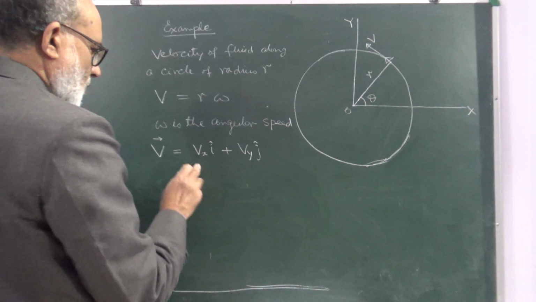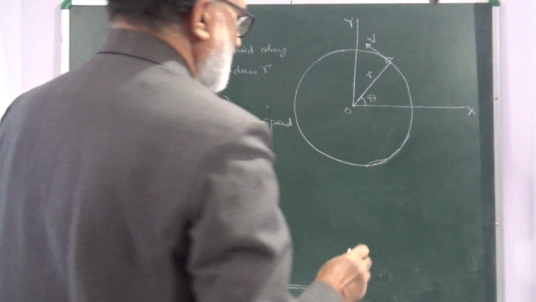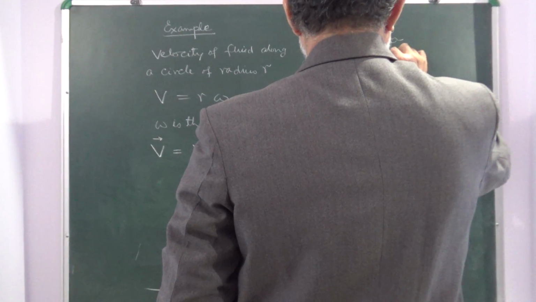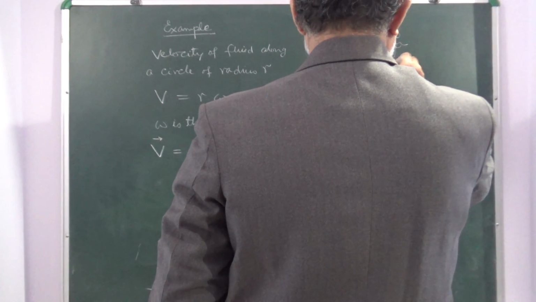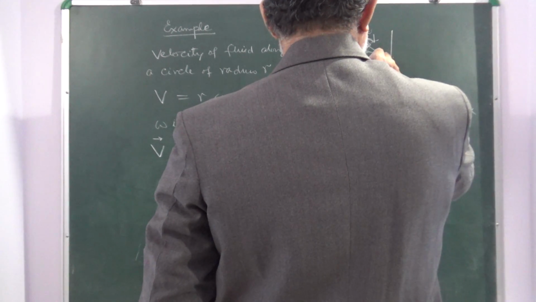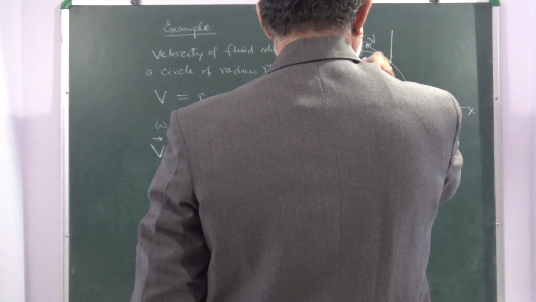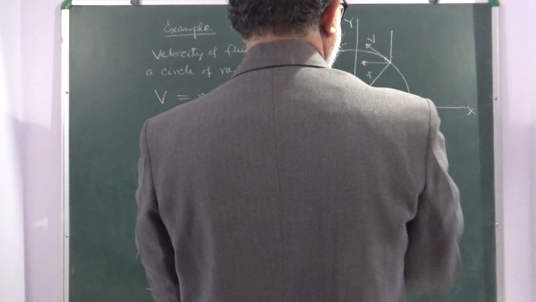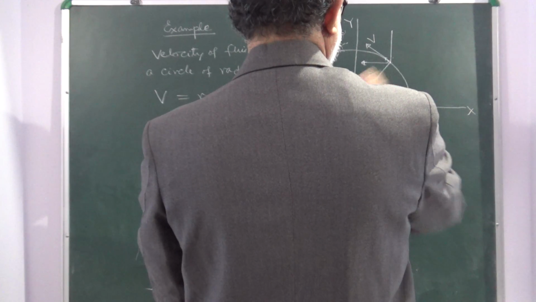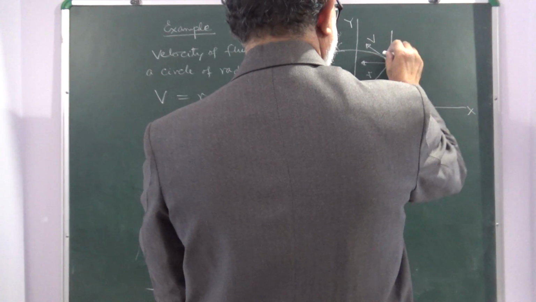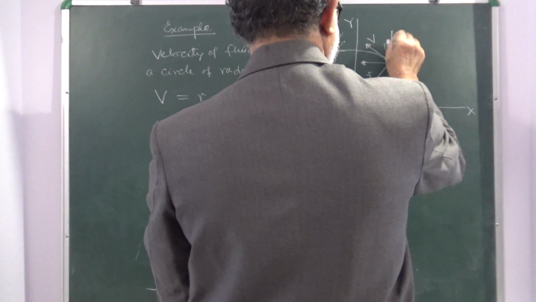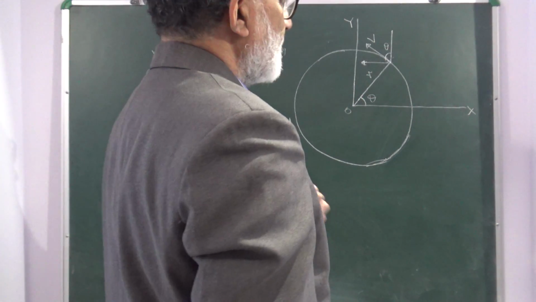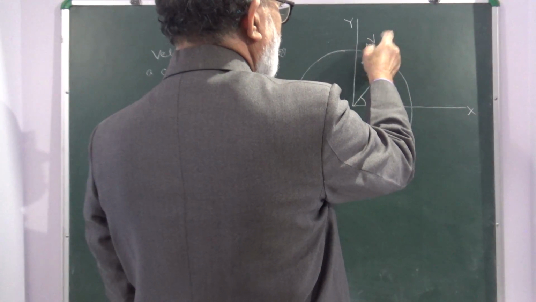So we are resolving this v into two components along the x and y directions. This is the x component, this is the y component. If this is theta, then this will also be theta, because this is theta, 90 minus that is theta.